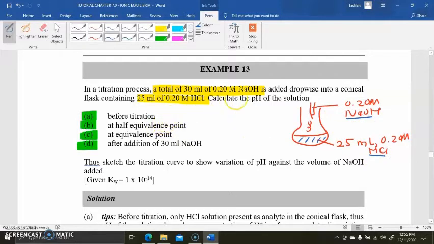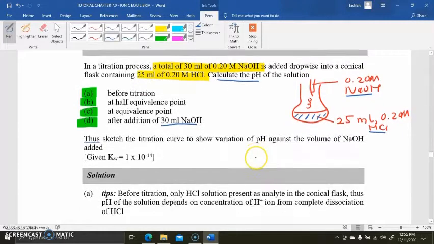Soalan asks you to calculate the pH of the solution inside the conical flask: A, before titration; B, at half equivalence point; C, at equivalence point; and D, after addition of 30 ml sodium hydroxide. Yang ni end of titration lah. After the calculation, you have to sketch the titration curve to show the variation of pH against the volume of the NaOH added.